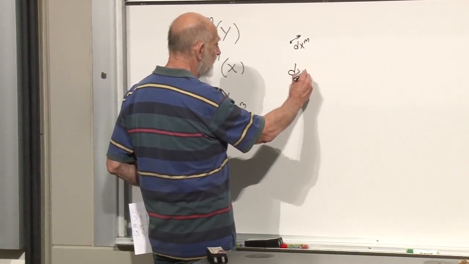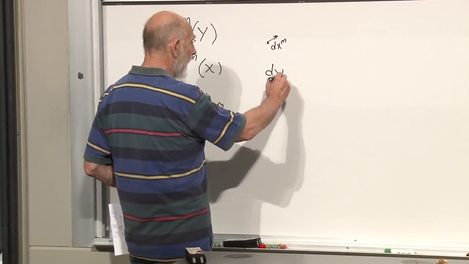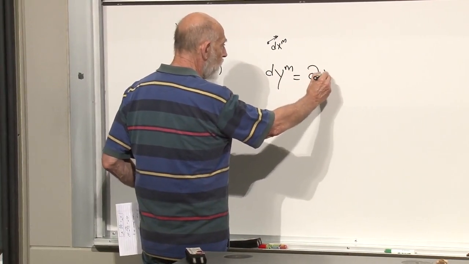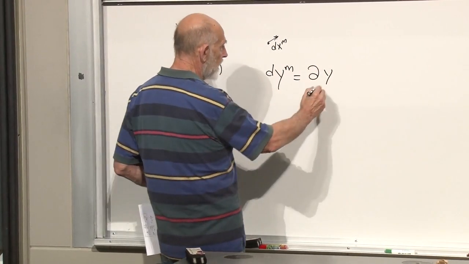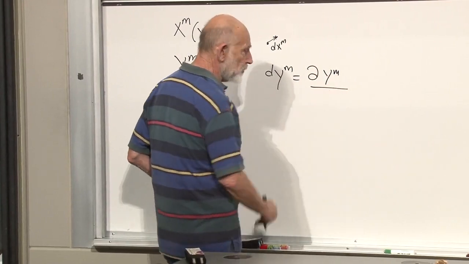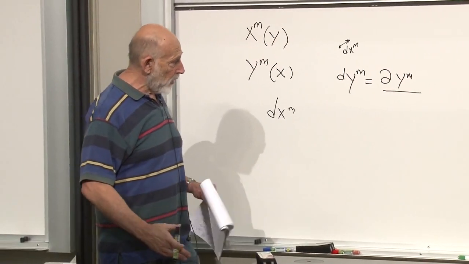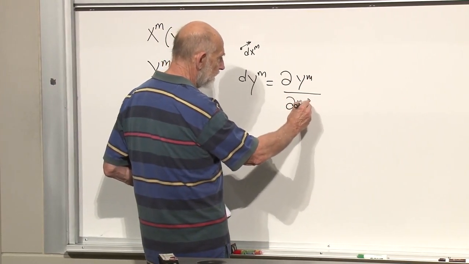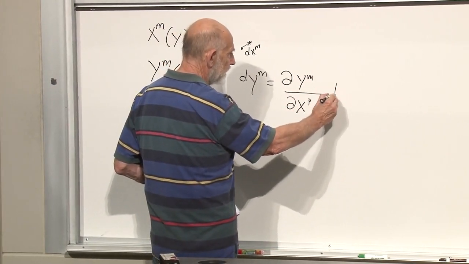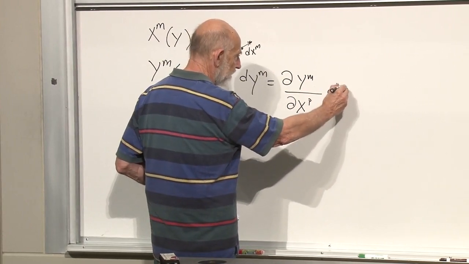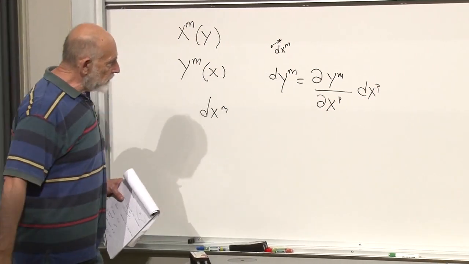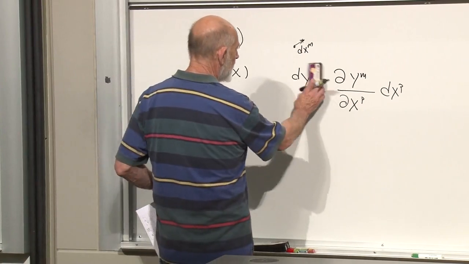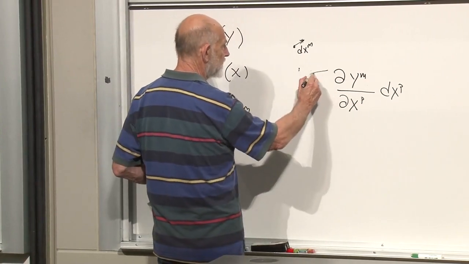dy^m is equal to the change in y^m when you change any one of the x coordinates by a little bit, that is, the partial derivative of y^m with respect to x^p, times dx^p. Now, what does this mean? First of all, this formula is summed over p.